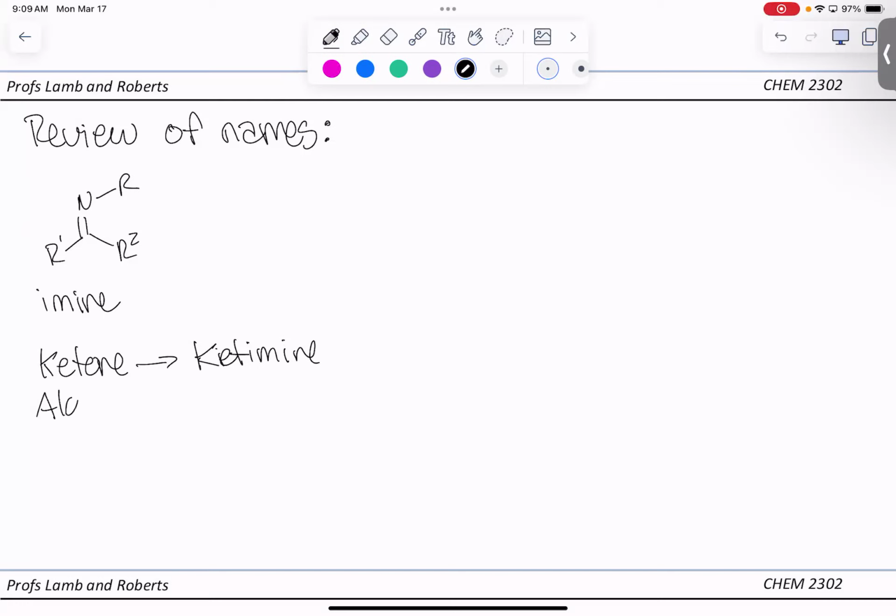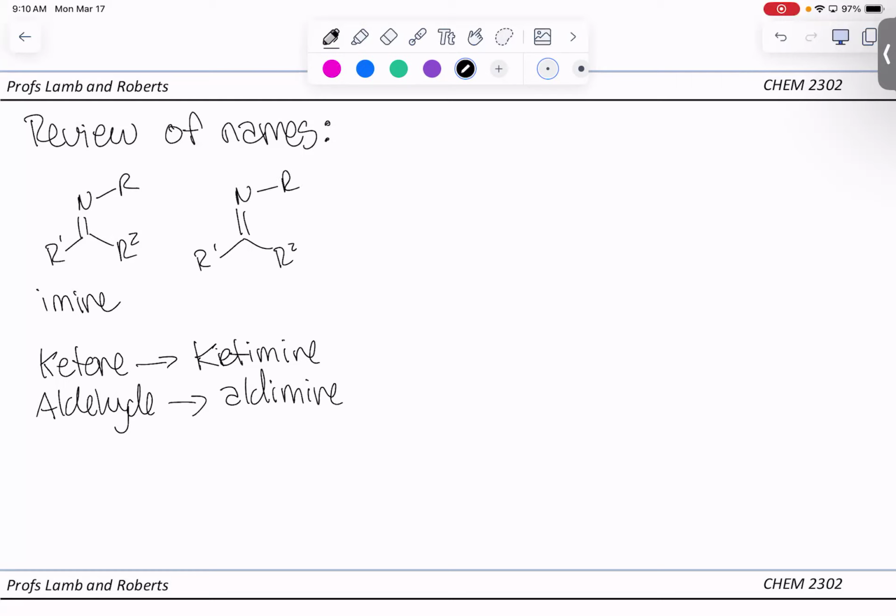This came from an aldehyde, and this is called an aldimine. Oftentimes we don't specify that, but it's helpful to know where our naming conventions come from. So when we protonate an imine, we're going to get an iminium. We add an H and a plus to that, and this is an iminium ion.